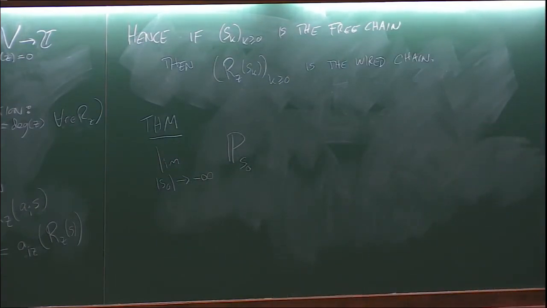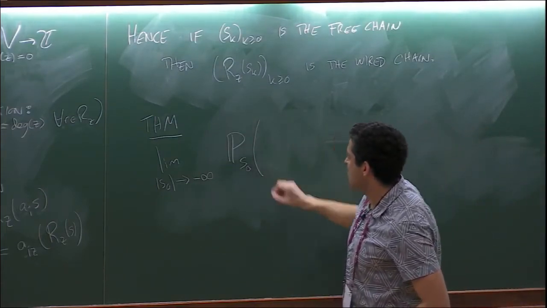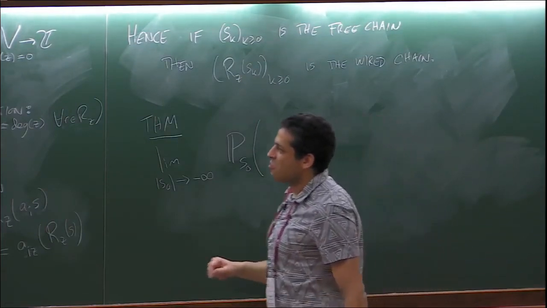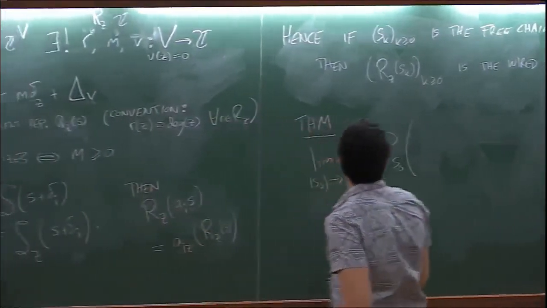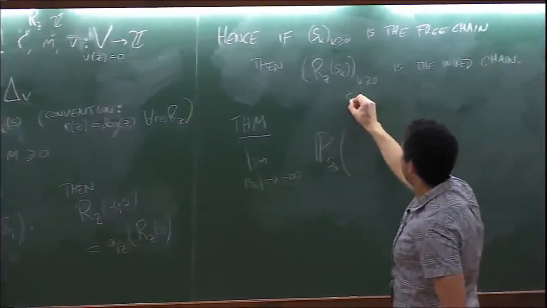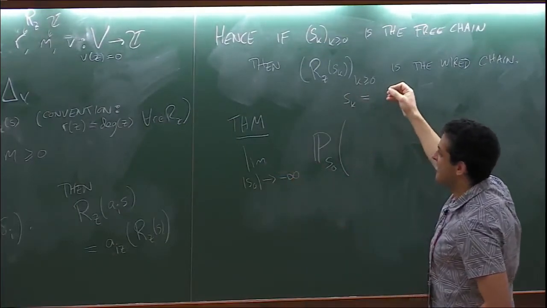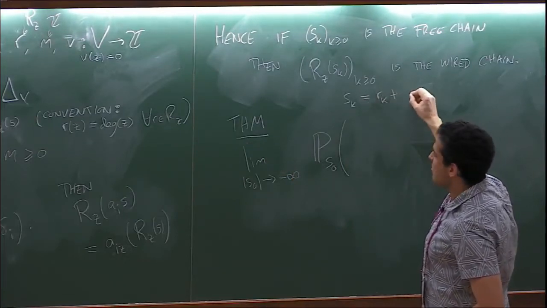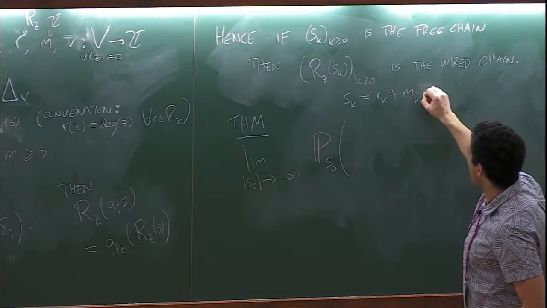So S_0 is like the h here. And we're going to keep track of this decomposition as we run the free chain. We know the first part of the decomposition is the wired chain. And we need to know something about the second part.